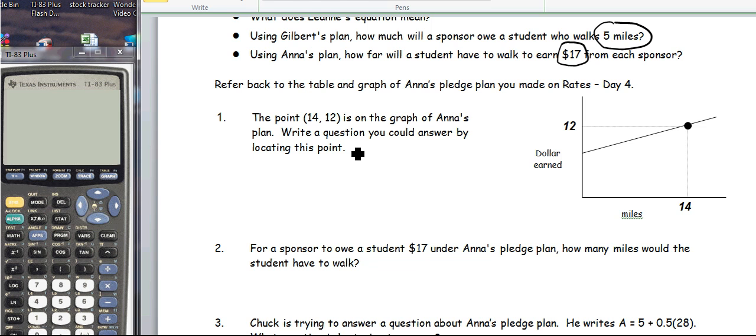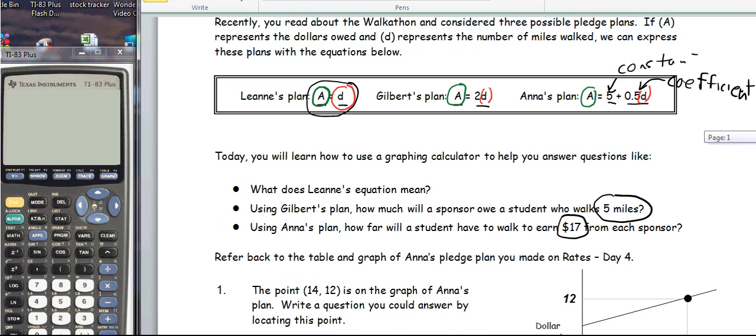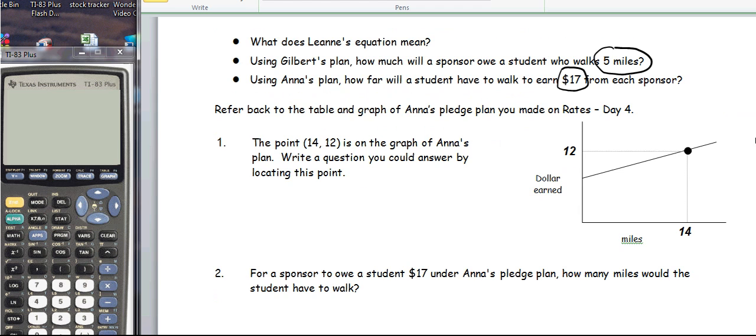So here we're going to look at point (14, 12), and Anna's equation was, let me scroll back up so you can see it, a starting donation of $5 plus 50 cents per mile.